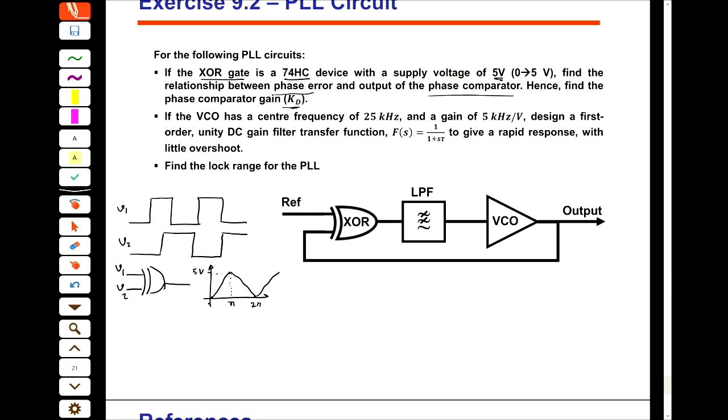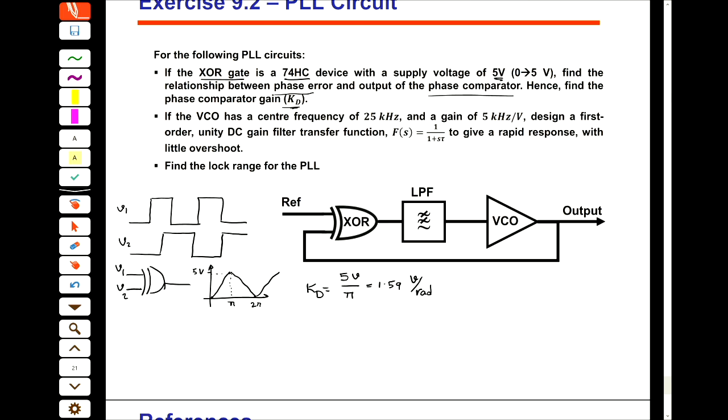It means that the gain of this XOR, KD, equals 5 volt divided by pi, which is equal to 1.59 volt per radian.